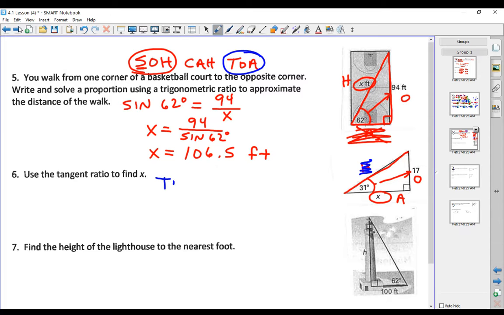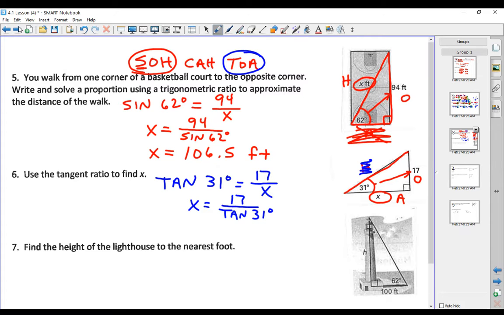So the tangent of 31 degrees, that's how big my angle is, is equal to the opposite, 17, over the adjacent, which is x. Just like before, I'm going to flip those two pieces of the equation to get another equation that's just as equal. So x equals 17 over the tangent of 31 degrees.